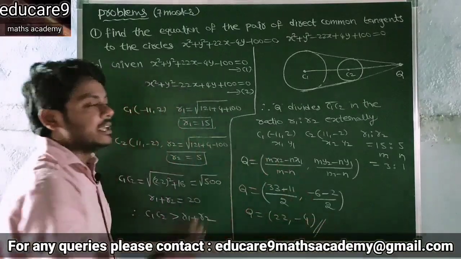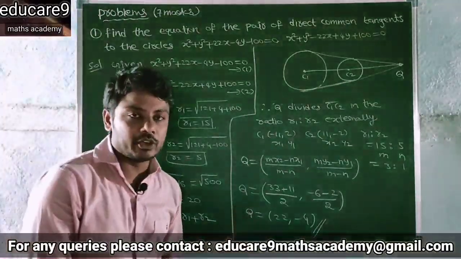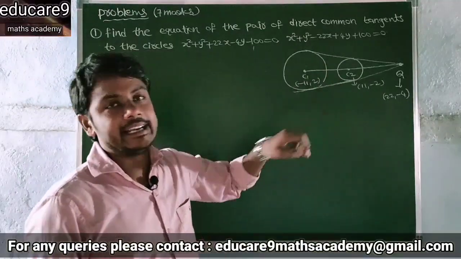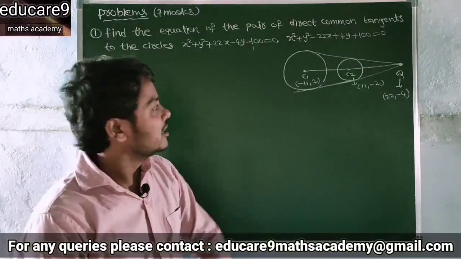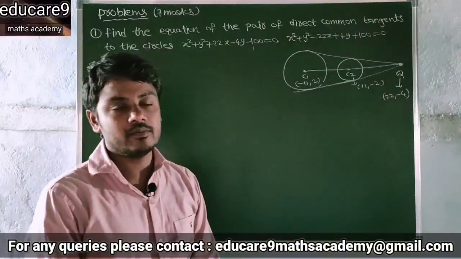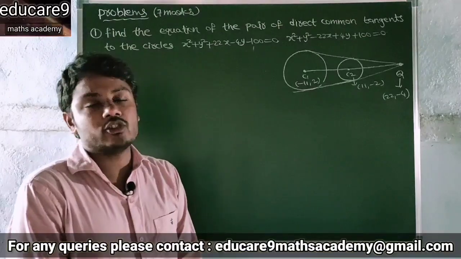So this is the external center of similitude. Now you need to find the equation of the direct common tangent. So clearly that line passes through the point Q, and you need to find the slope.